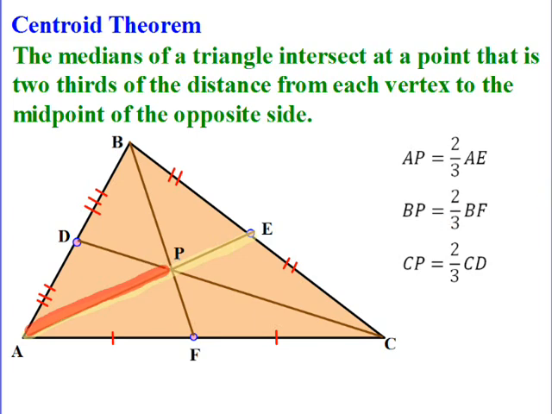So that leaves 1/3 of the length to be in this segment from P to E, and we'll mark that with blue right here. So to kind of sum this up, the 2/3 length is this side over here where the vertex is, the red side, and then the blue side is 1/3. And that's true for all 3 of these medians.